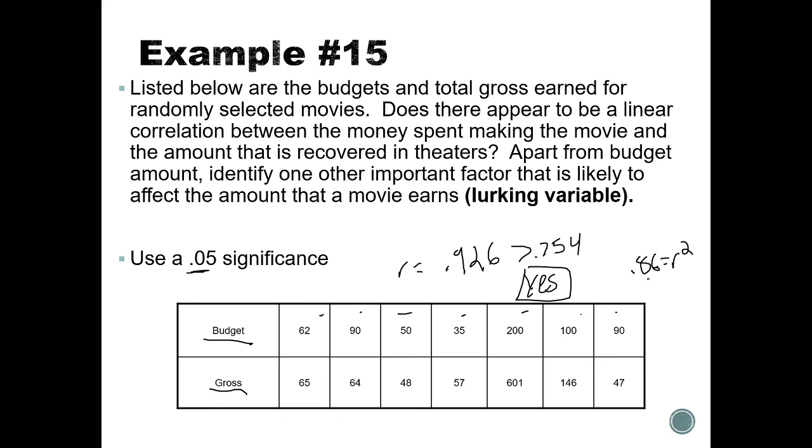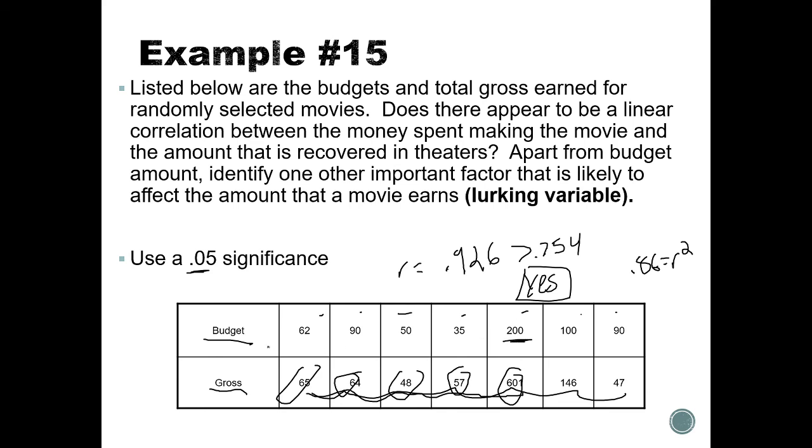So we can say that 86% of the reason, again, this is not super accurate, but it's close enough, 86% of the reason that movies make different amounts of money is because they spend different amounts of money making the movies. 86% of this variation, the reason that this movie made so much more than this movie, than this movie, than this movie, 86% of that reason can be explained by the fact that they spent more money than the others.